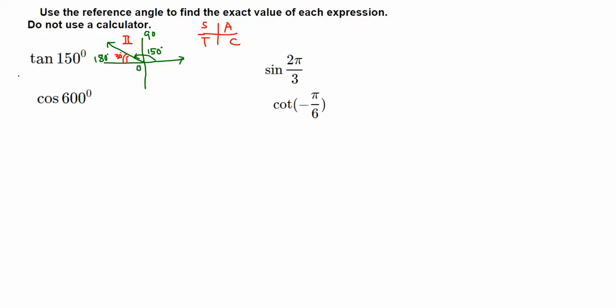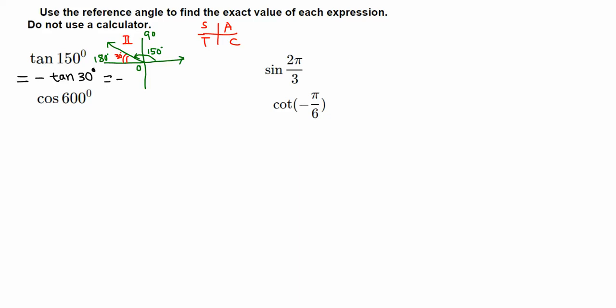So tangent 150 is the same as negative tangent of the reference angle, which is 30. Now we need to find the tangent of 30 degrees.